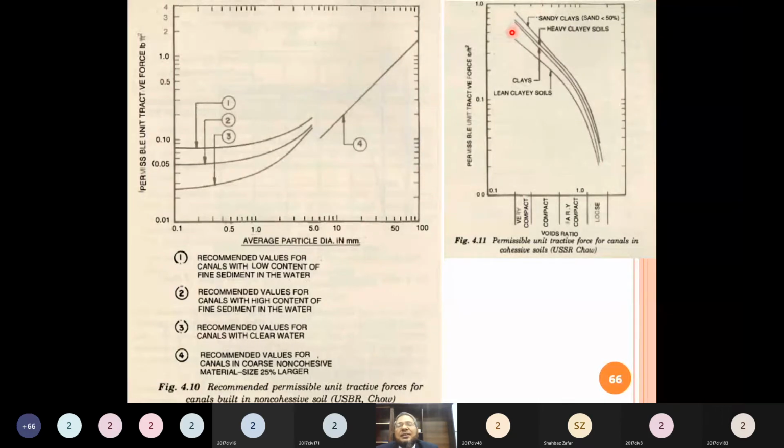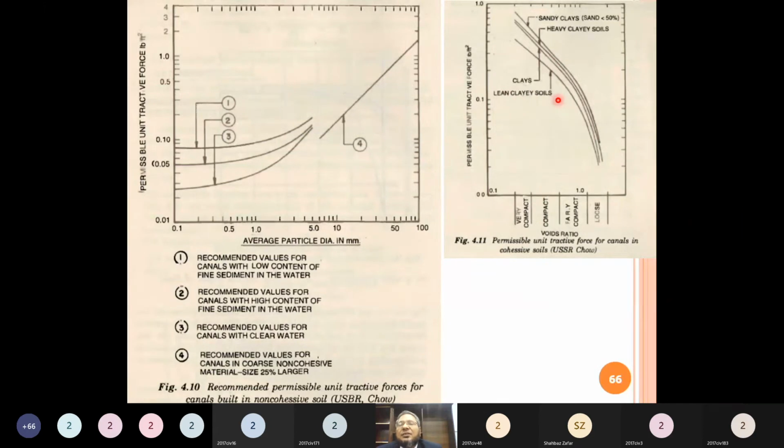So what happens to the critical tractive force? So critical tractive force in the cohesive material increases with increase in compactness. Is it true? देखें यहाँ ज़्यादा compactness है, we have a higher value of the critical tractive force.